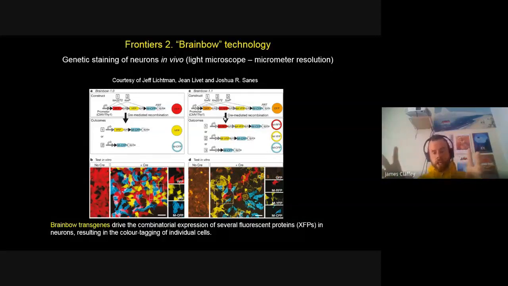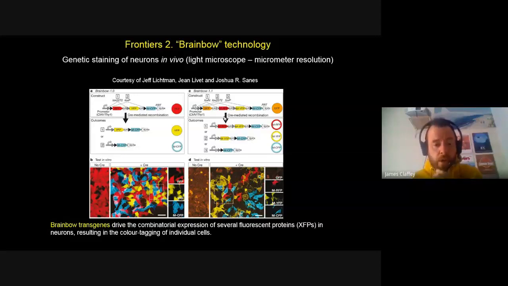They put that dye in there, the discoloration of the dye, to try and find out where the dysfunction is occurring at that level. That's the level of detail they're at with this genetic staining of neurons in vivo. So the light microscope, micrometer resolution, really fascinating stuff.